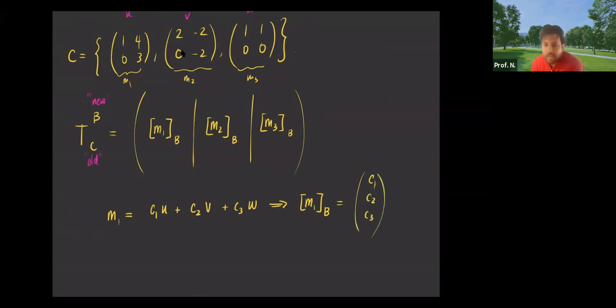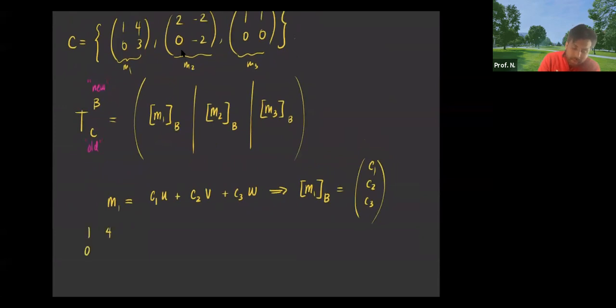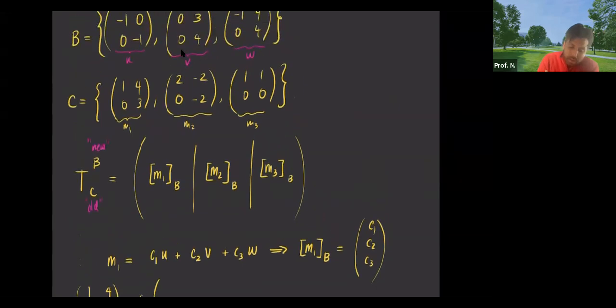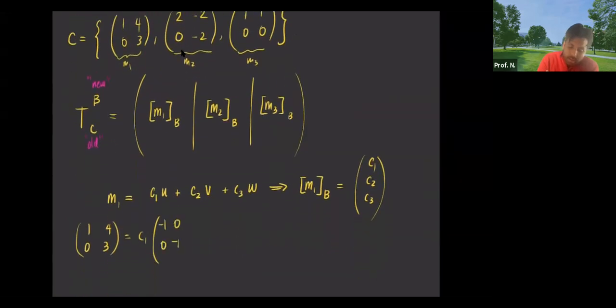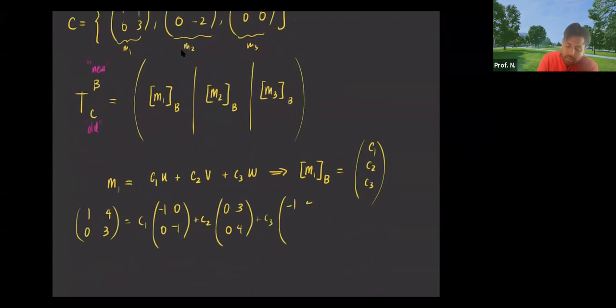Does everybody follow that? Yes. So then M1, what is M1? [1, 4; 0, 3]. This is C1 times U, which is [-1, 0; 0, -1], plus C2 times V, which is [0, 3; 0, 4], and then C3 times W, which is [-1, 4; 0, 4]. Pardon me, positive 4.